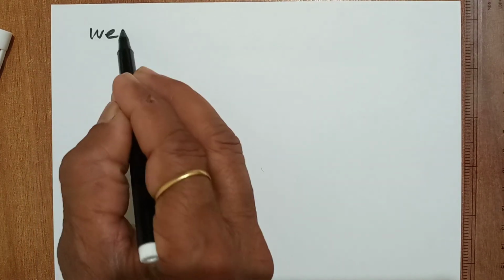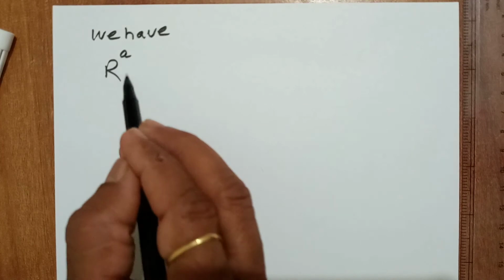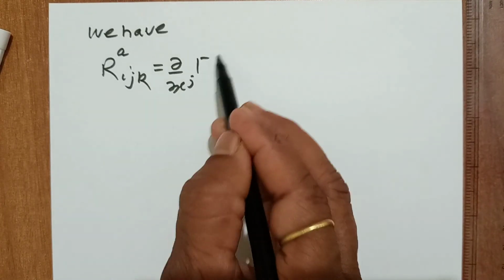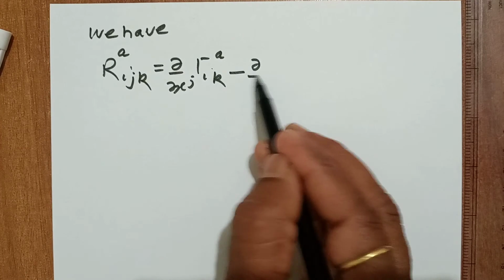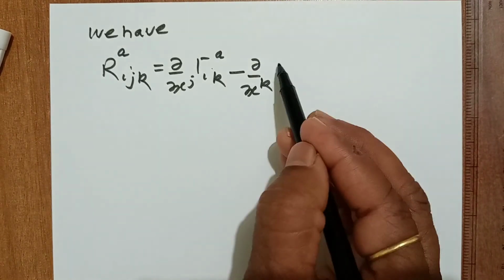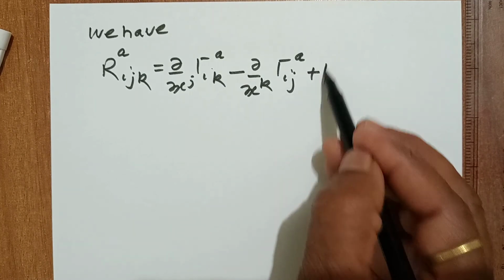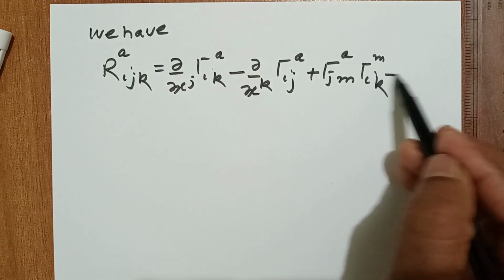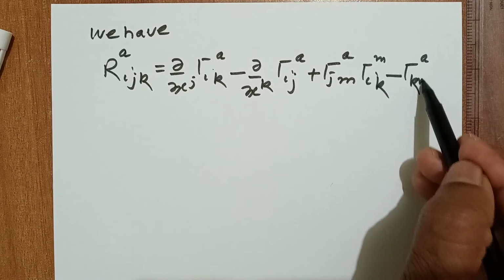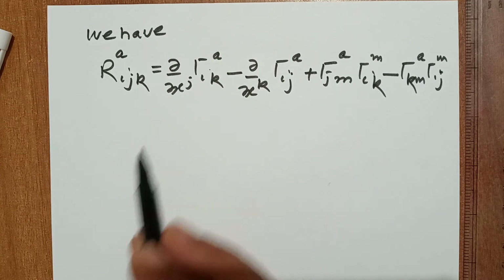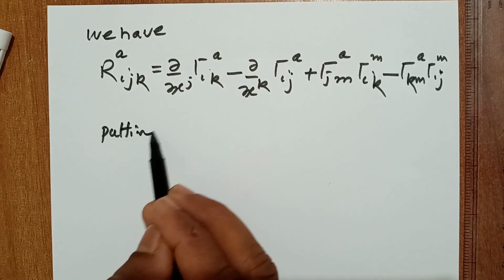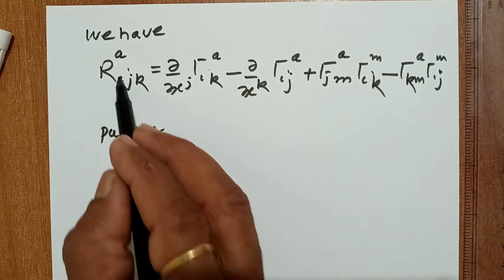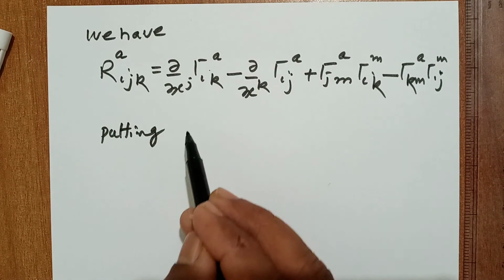We have R^a_{ijk} = ∂/∂x^j Γ^a_{ik} − ∂/∂x^k Γ^a_{ij} + Γ^a_{jm} Γ^m_{ik} − Γ^a_{km} Γ^m_{ij}. Putting a equal to i, or a equal to k. First we put a equal to i.